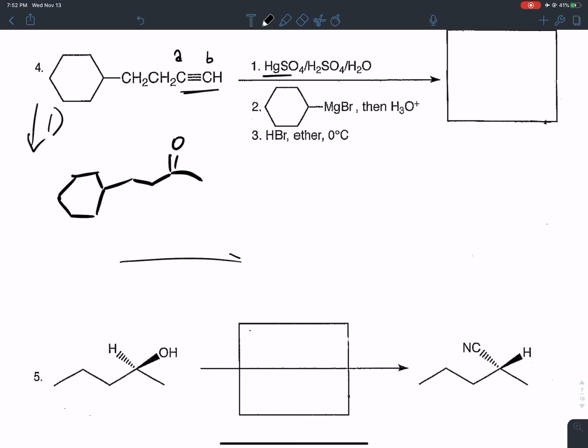Step 2, we have a Grignard reaction. So this is a carbon-carbon bond forming reaction, right? So where is our nucleophile here? That's important to know. It's the bond between the carbon and the Mg. That's our nucleophile. MgBr afterwards will just leave as a salt.